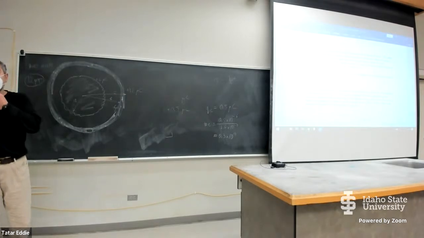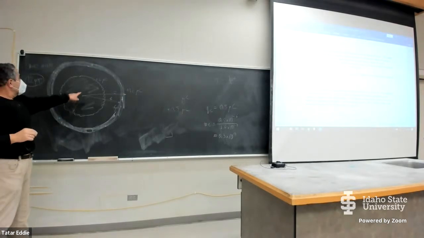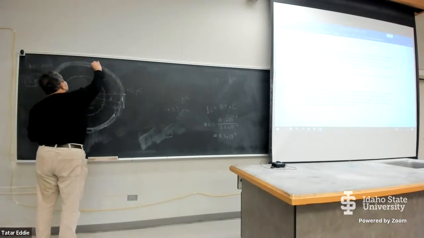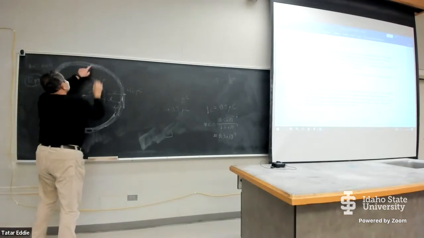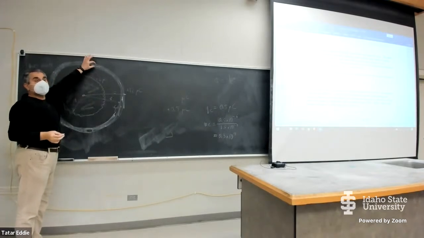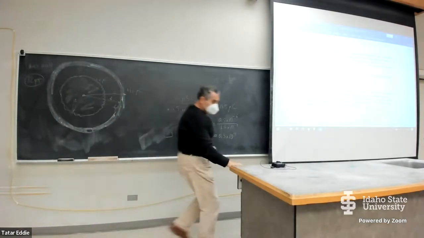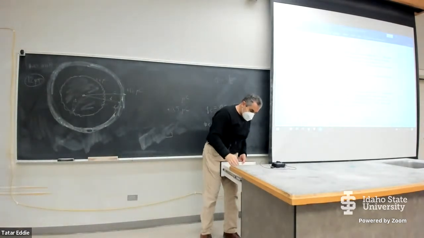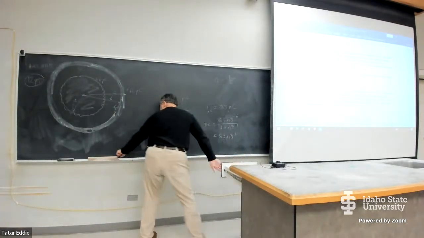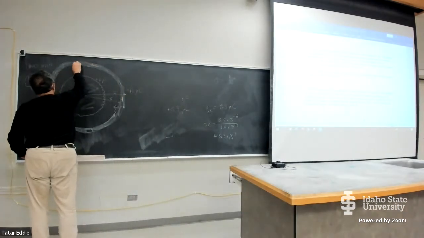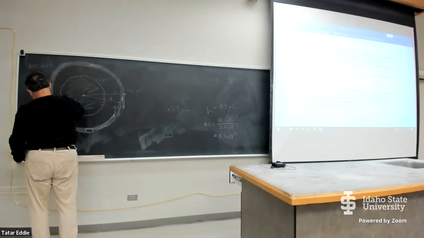Imagine a Gaussian sphere with center at the center of the system and radius in the middle, in the bulk of this metal. Imagine an imaginary Gaussian sphere that looks like this, somewhere inside the metal.